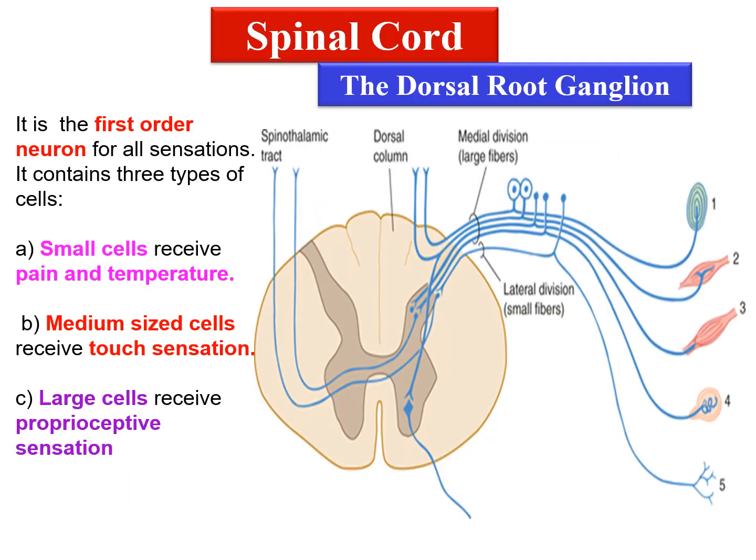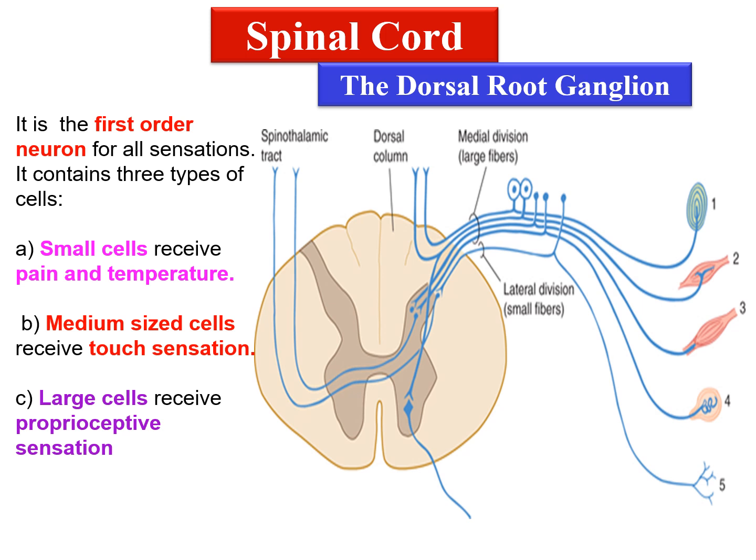The dorsal root ganglion: you must know that it is the first order neuron for all sensations. It contains 3 types of cells. So again, we will talk about the dorsal root ganglion.